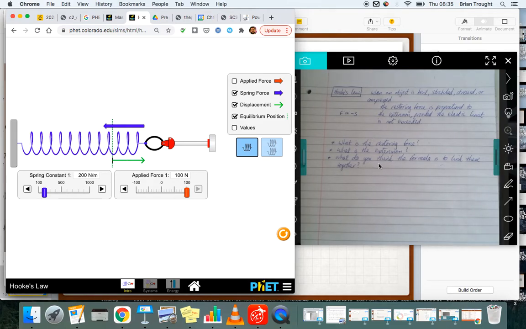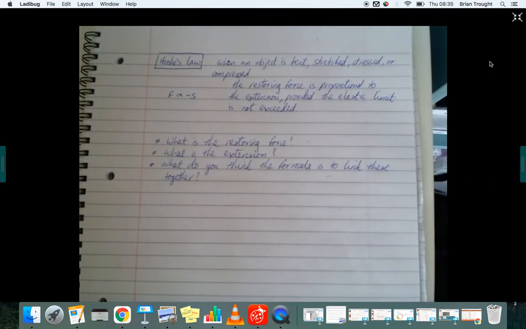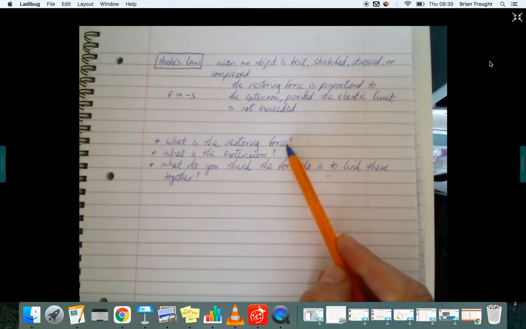So let's go back to these three questions then and make sure that we can answer them. What is the restoring force? It's the force that the spring exerts on itself in order to get it to go back to its natural length.